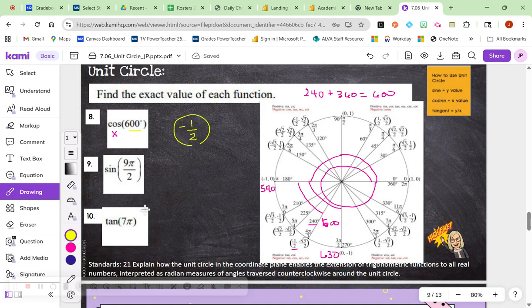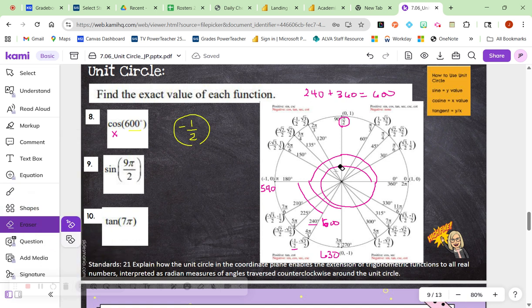All right, 9 pi over 2. A couple different ways you can do this. I tend to focus on the fact that this is 9 pi over 2's, so this would be 9 90s. Again, all kinds of ways to think about this.